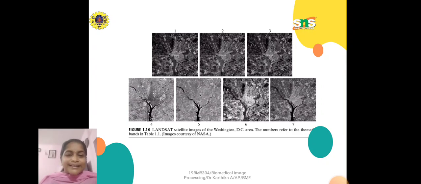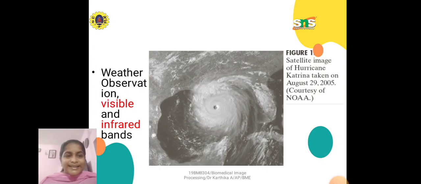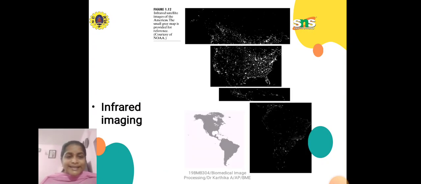See here the Landsat satellite images of Washington. This is one of the remote sensing applications in image processing. See here, satellite images, weather observation, visible and infrared bands. See the example for infrared imaging.